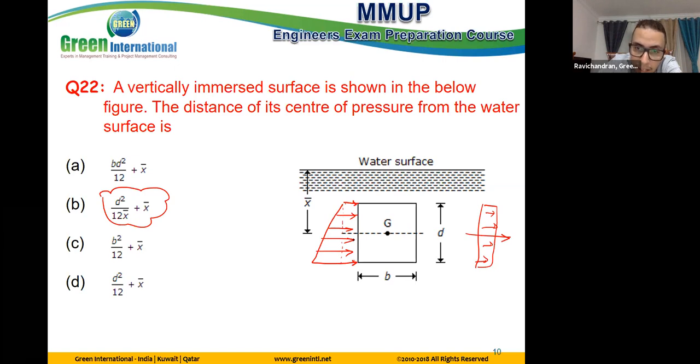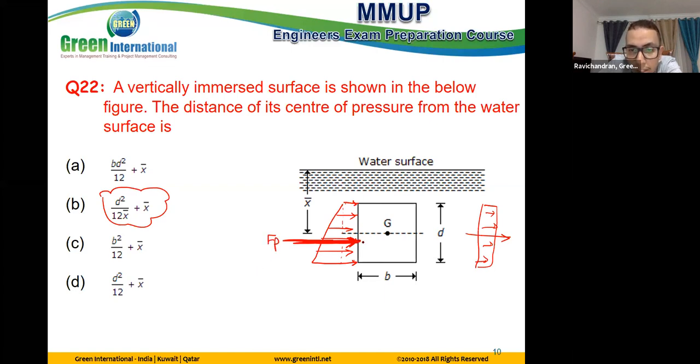As you see here, the higher pressure is down, so by default the equivalent force due to pressure is surely below the middle, below the center. So somewhere here is the equivalent force due to pressure.